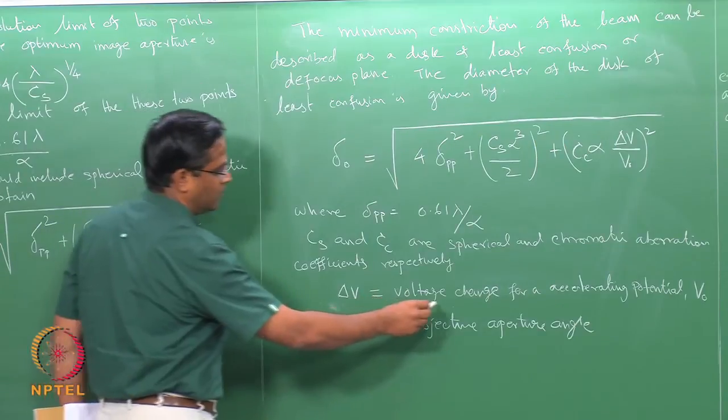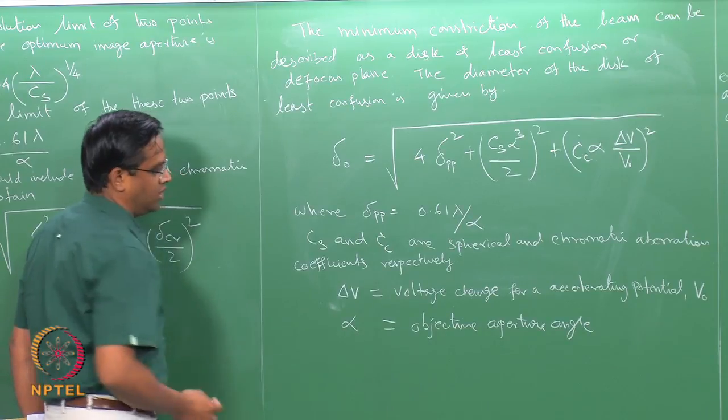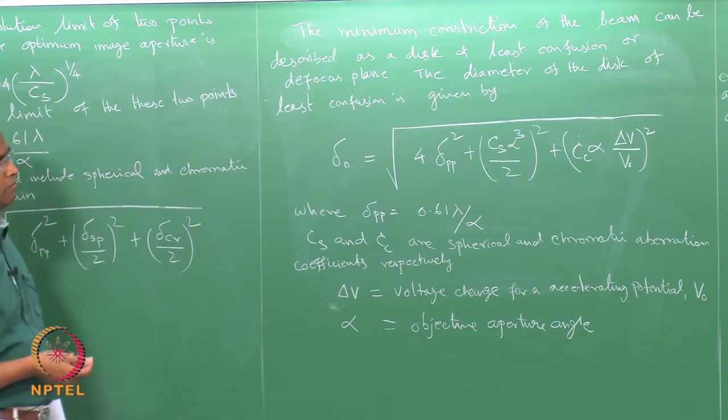Delta V is voltage change for an acceleration potential V naught, and alpha is an objective aperture angle.